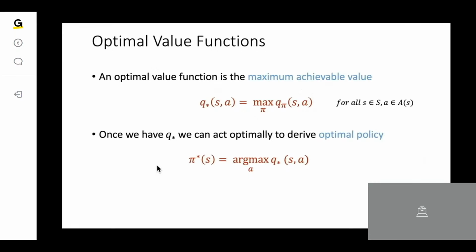This action value function, or Q value as we call it, imposes a partial order among the different policies in a way that policies can actually be compared. Suppose I have two policies, pi and pi prime. We can say that policy pi prime is greater than or equal to policy pi if the Q value under policy pi prime is greater than or equal to the Q value under policy pi for all state action pairs.